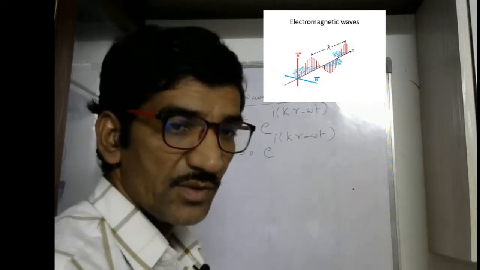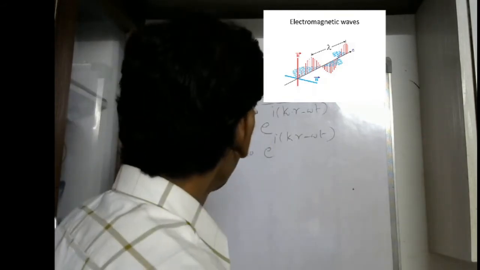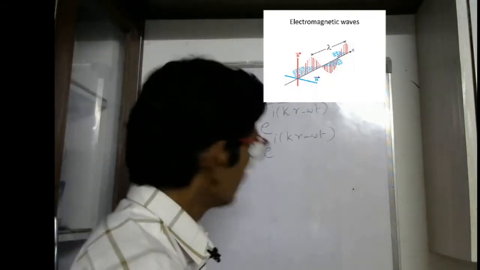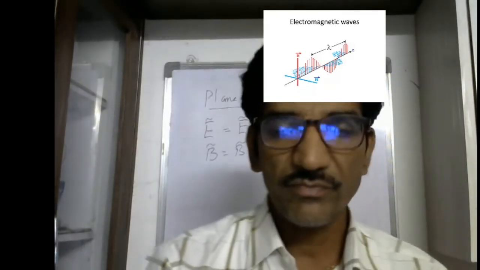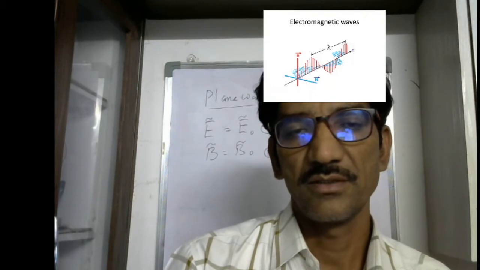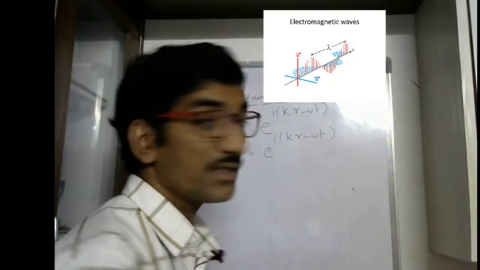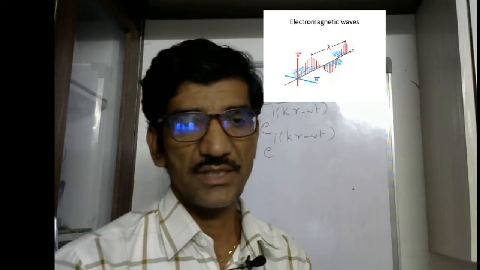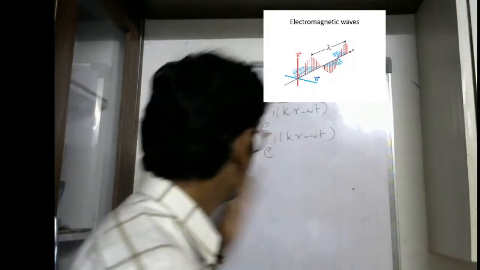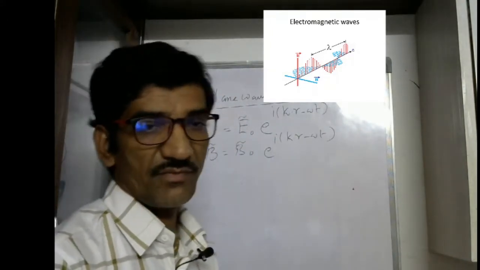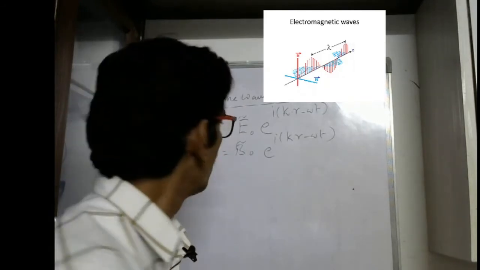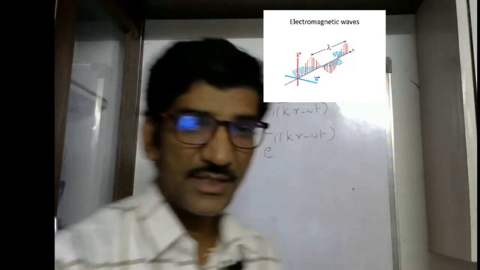If we want to give the complex solutions, then we will write E and B like this. If we substitute these, the two equations satisfy the wave equation for E and B, since we are deriving the wave equation from Maxwell's equations.